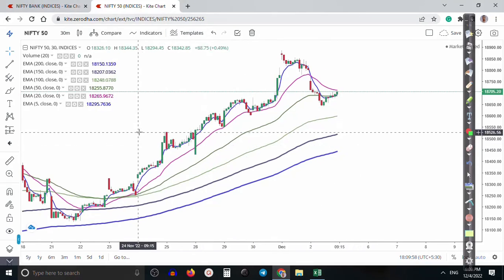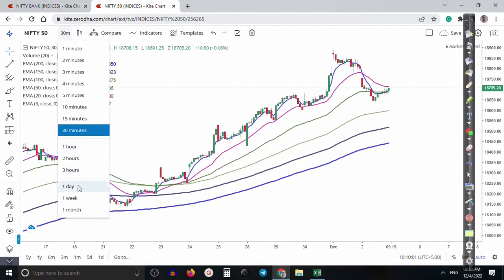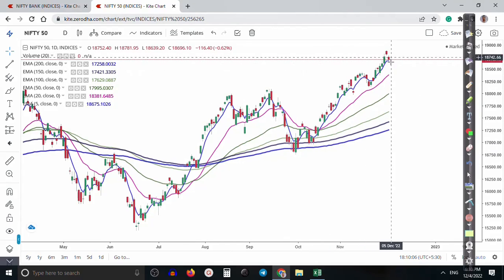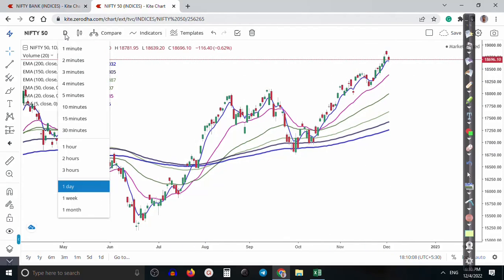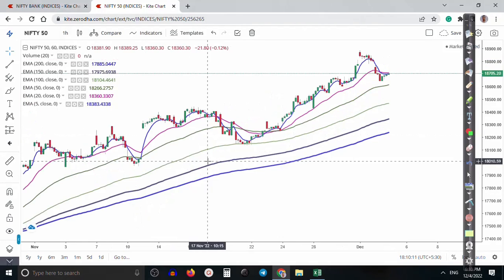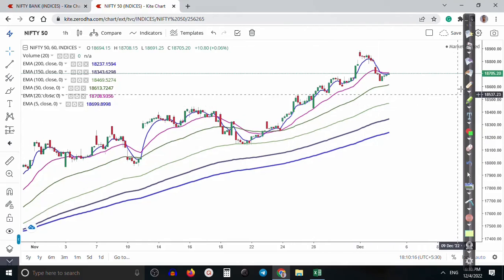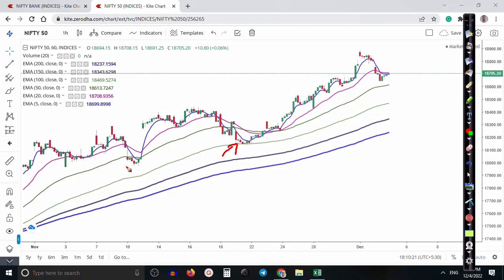Let me show you the daily time frame first. The daily time frame is a clear uptrend and has given a little bit of a pullback. On the H1 or 30-minute chart, the previous market behavior shows price bouncing off the moving average 100 and the moving average 50, and right now it is just a little below the 20 moving average. So there is a probability to retest this level or this level.